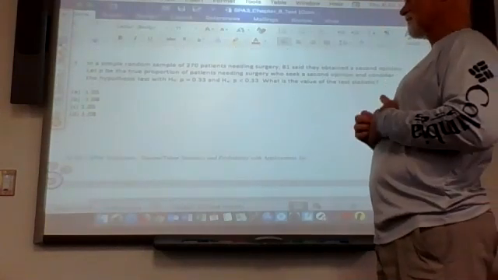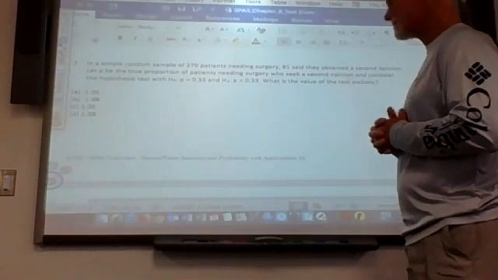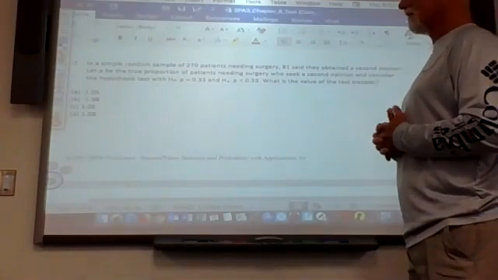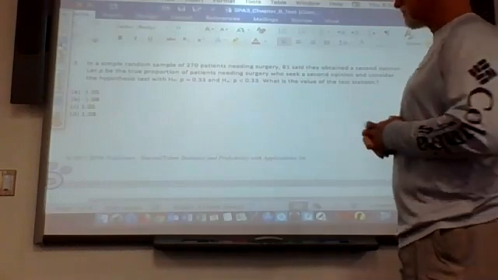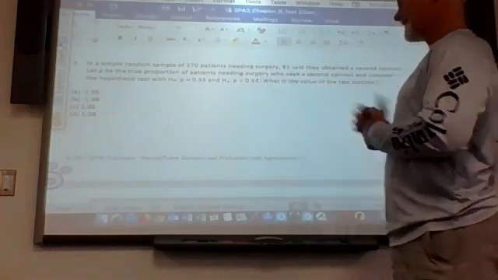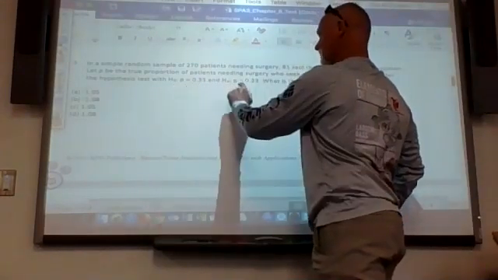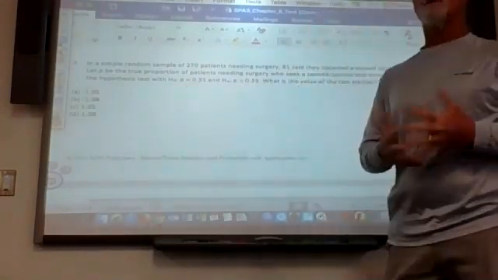Now, here's a problem where you're asked to find the test statistic. There is a formula for it, but we've always used the formula or the calculator. So it's a proportion test. How do I know it's a proportion test? Because the null is p is equal to, p is less than. So I know it's a proportion.